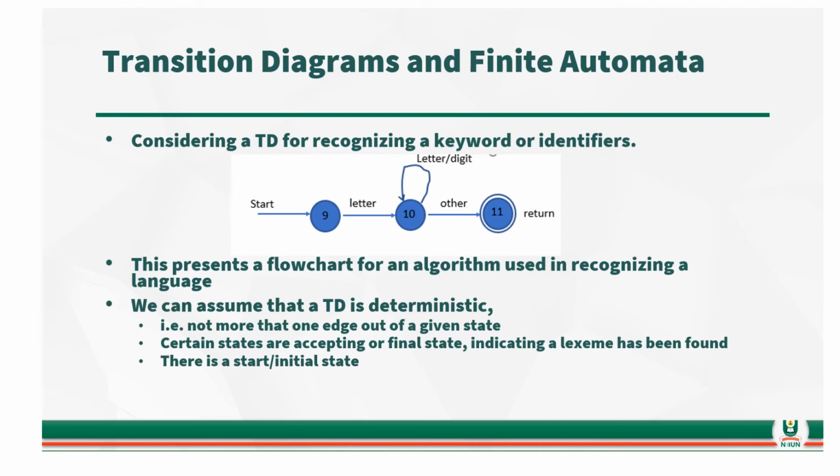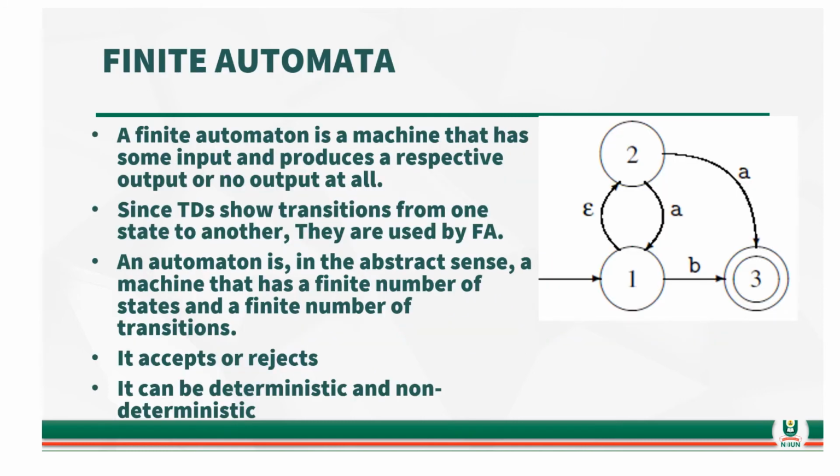There's the 11th state in this transition diagram, indicating a lexeme has been found. We also have that there is a start, the initial state, which is no other state than state 9. So from nowhere we start at 9.